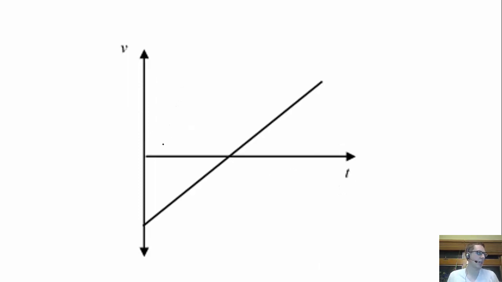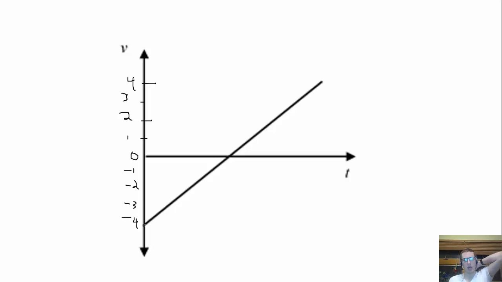This is the opposite. Again, we have 0, we could do 1, 2, 3, let's call it 4. Here, we'll do -1, -2, -3, -4.